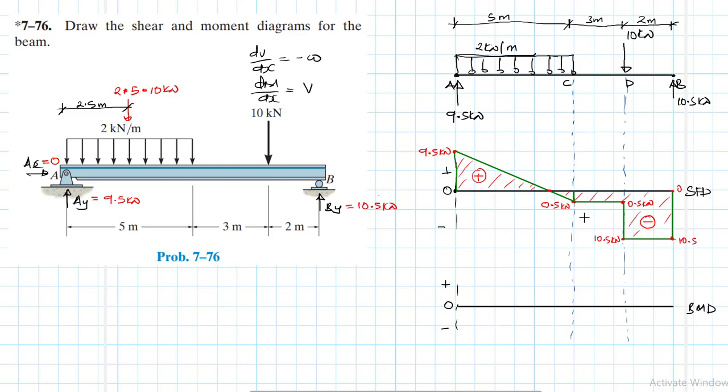We know that when shear is equal to 0, that is the point where we are going to have the maximum moment.